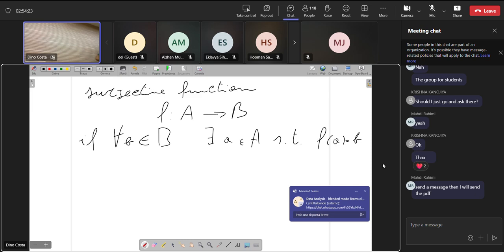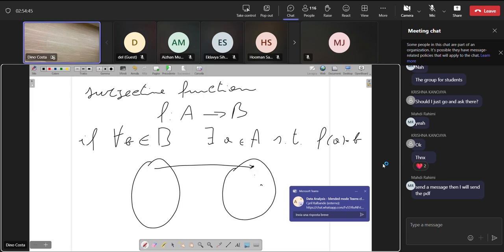What does it mean? It means what is written. But nevertheless, if we consider A and B as a Venn diagram, here there are no orphan points. All the points are covered by some elements, not necessarily injectively, but there are no elements here alone.